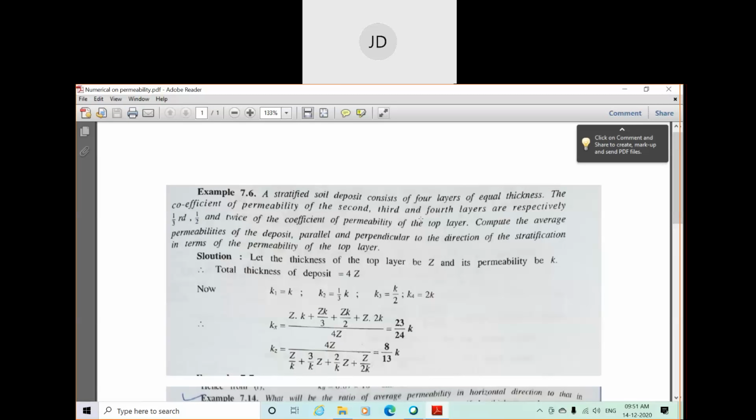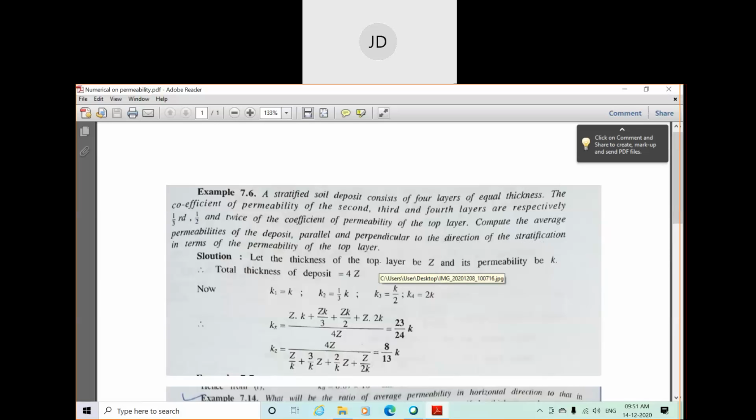The coefficient of permeability of the second, third, and fourth layers are respectively one third, half, and twice of the coefficient of permeability of the top layer.